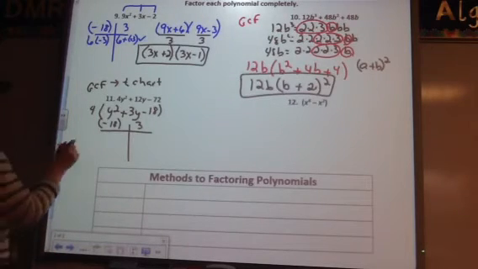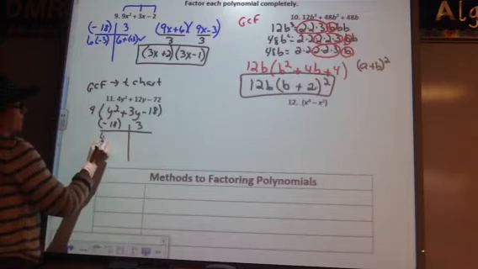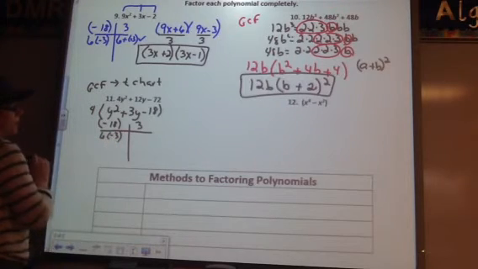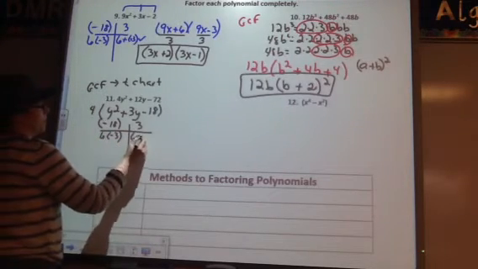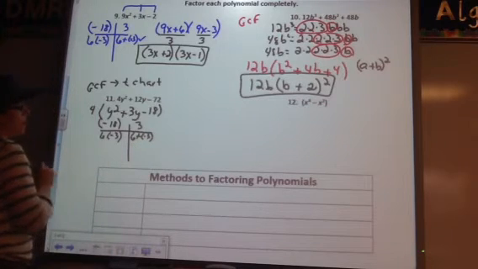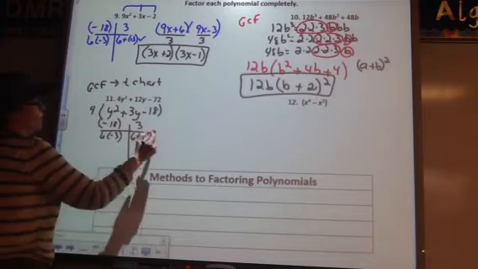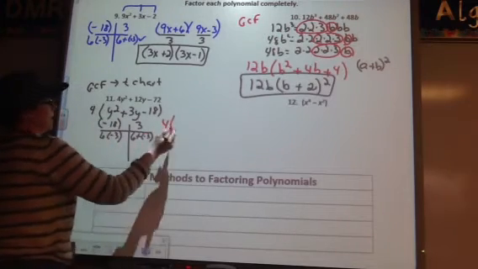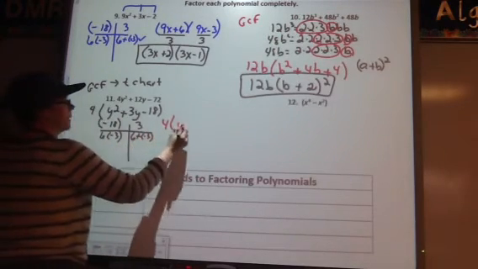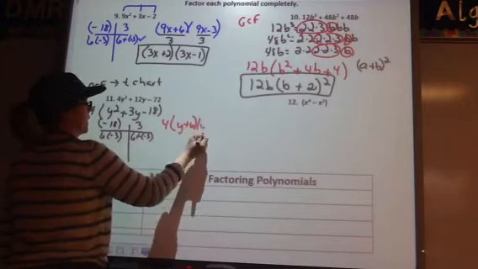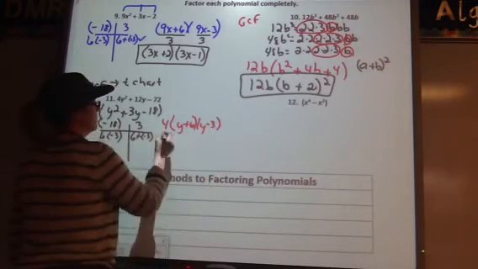Okay? So 6 times negative 3 will give me negative 18. 6 plus a negative 3 will give me a positive 3. So I have 4, and I have y plus 6, and y minus 3. There's my answer.